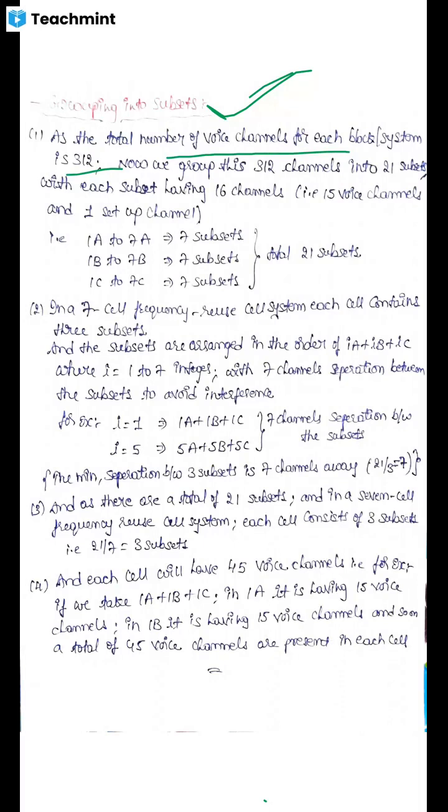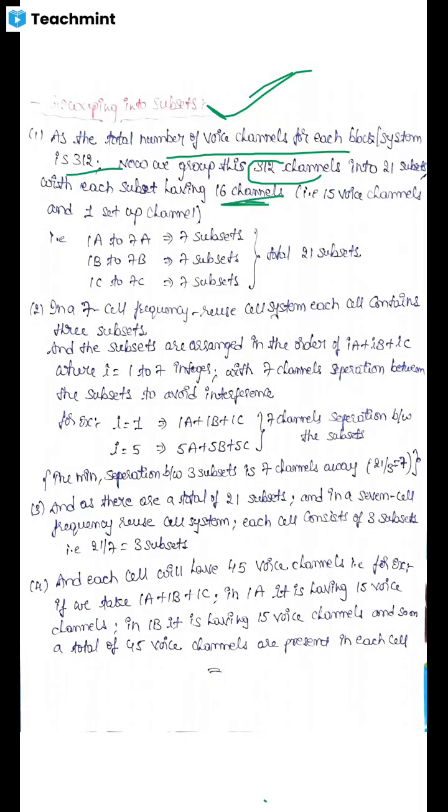Now I have to group these 312 voice channels into subsets. We group these 312 channels into 21 subsets, with each subset having 16 channels.